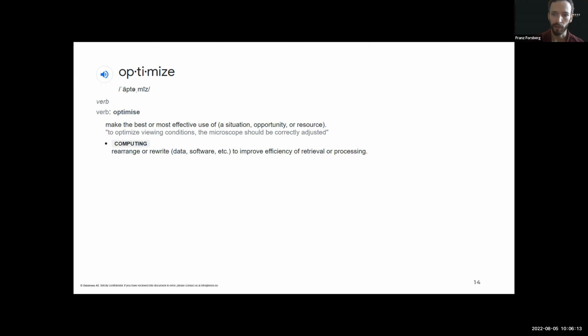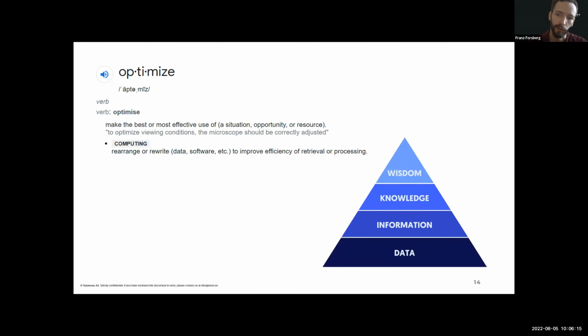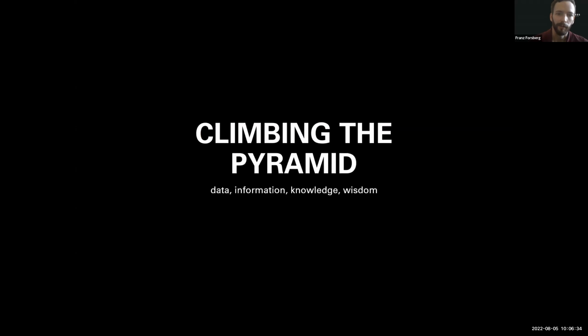So to achieve this, to optimize, I'm going to use a tool which is the wisdom pyramid. And we are going to see how we can climb this wisdom pyramid. Actually, we can also change a little bit the definition and fit it to daylight problematics pretty easily. So I'll go quick about how to climb the pyramid in 4 steps.